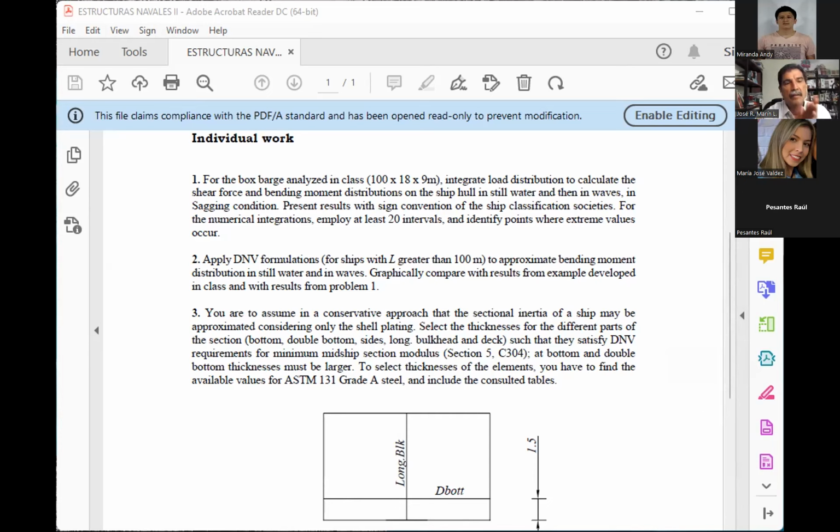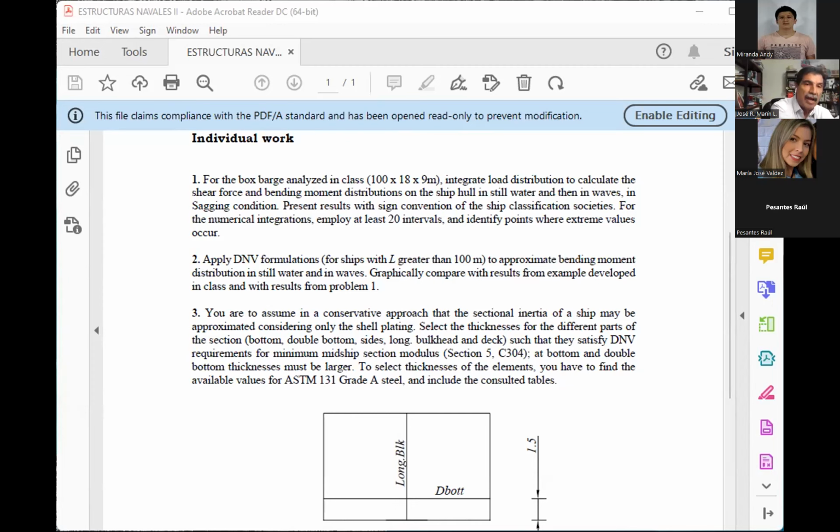There are several ways to do it. Since the weight distribution is simple, it's just in the aft part, then you have the holds that have empty space, and you have the forward. You can even integrate analytically.